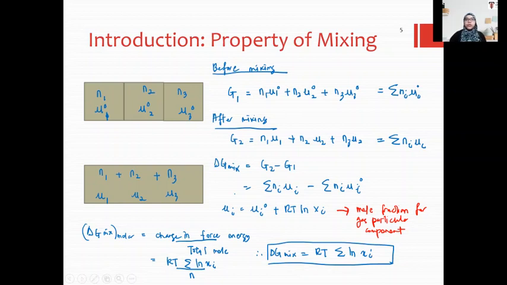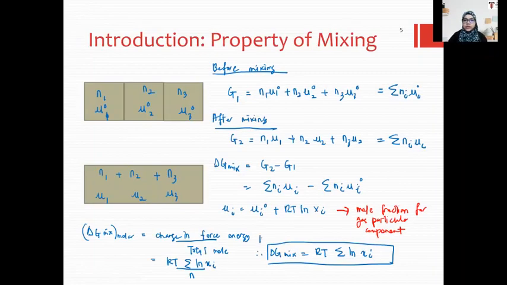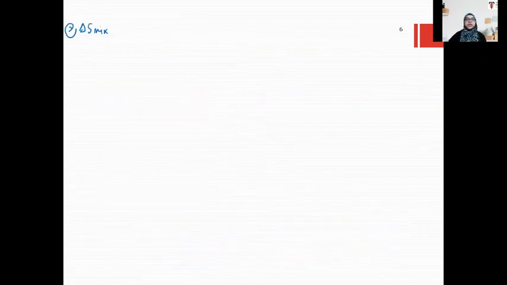So how about if we describe it with other thermodynamic properties, such as the delta entropy of mixing? Okay, this is the second, and this is our first expression. For the delta entropy, we know that dG equals minus S dT plus V dP.